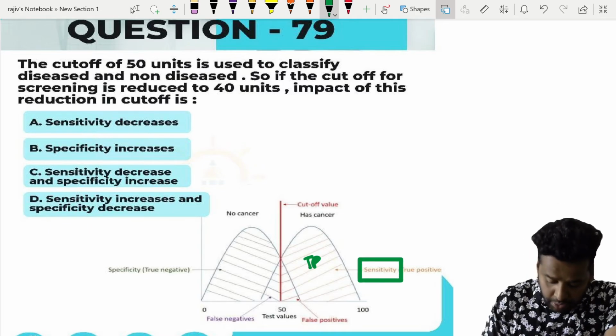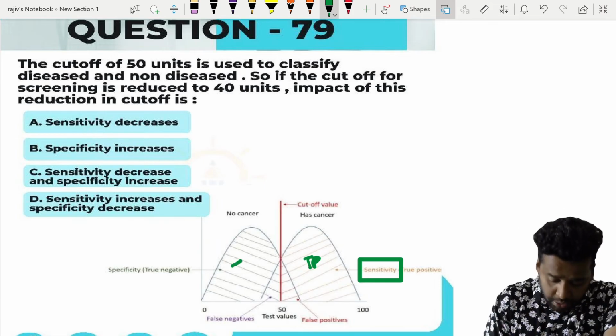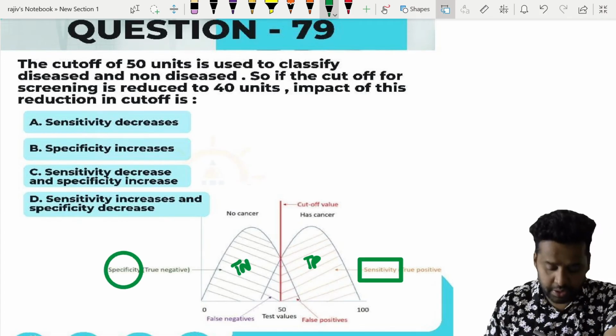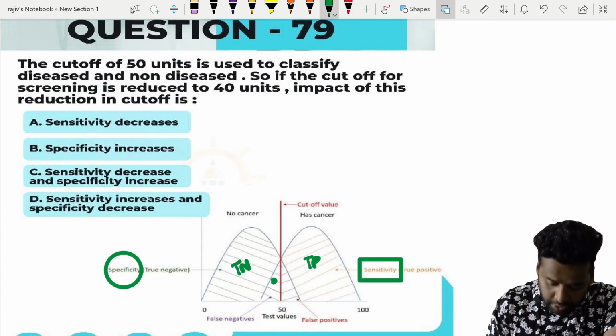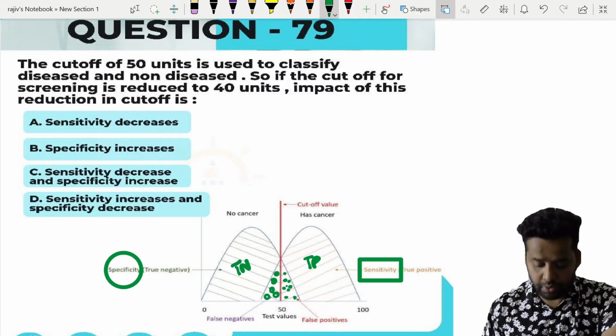Anyone who has a value less than this in the normal individuals will be classified as normal, true negatives, and this is the specificity of a test. Having cancer not identified, false negatives. Normal individual wrongly classified as disease, false positives.